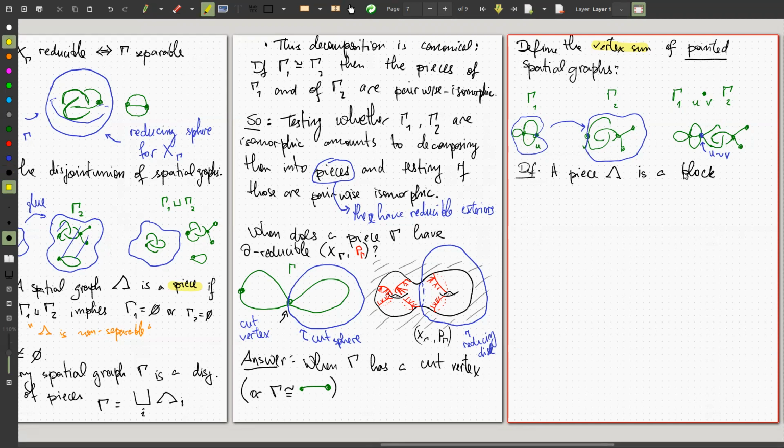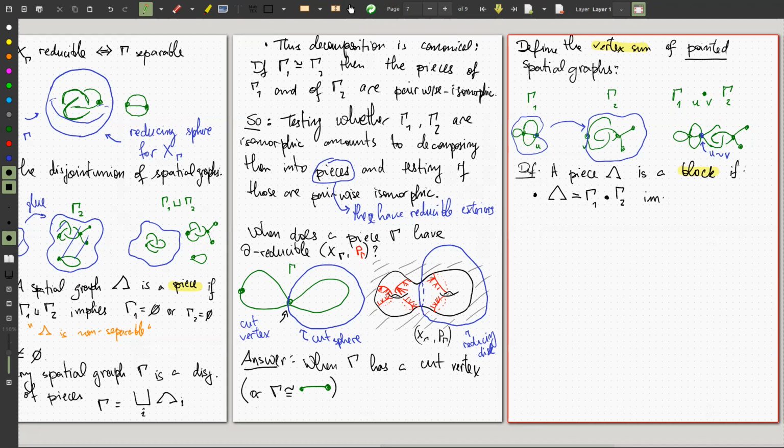So first thing is, if you express it as a vertex sum of two spatial graphs, then this already implies that one of them is the trivial graph for this operation.